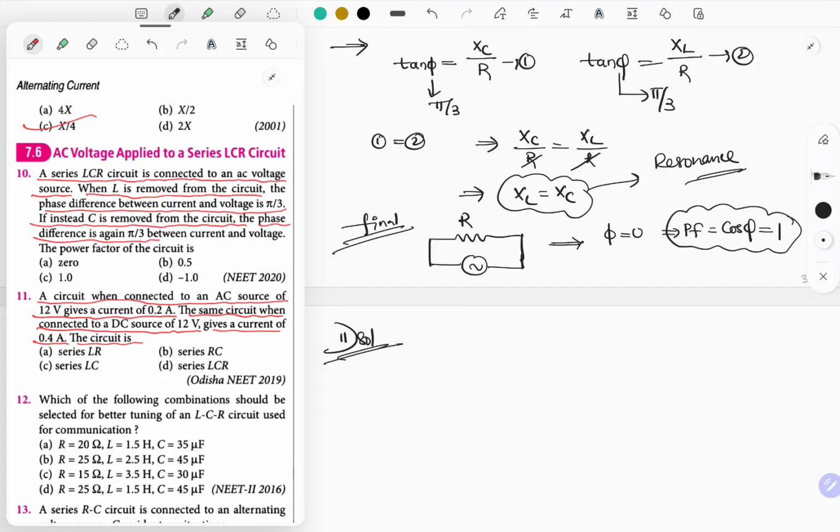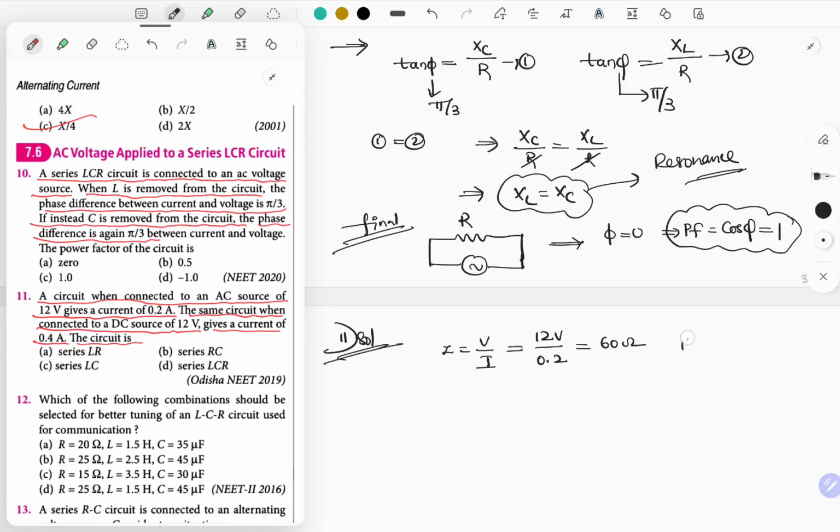AC source given in the sense we don't know what kind of elements are connected, so we have to treat it as an impedance. The formula for impedance is Z equal to V by I. The value of V is 12 volts and the current is 0.2 ampere, so the impedance in the circuit is 60 ohms.